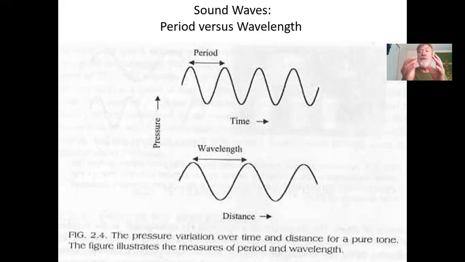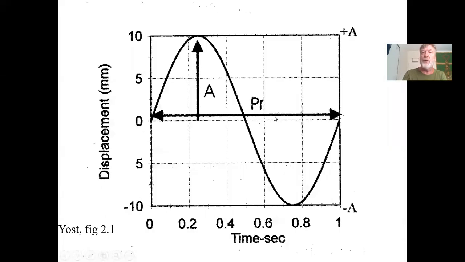Wavelength is how physically long was the sound wave. So period is the time it took to occur. How long did one cycle take to occur? And wavelength is the physical length of one cycle of sound. Very important to hold those distinctions in mind, okay?